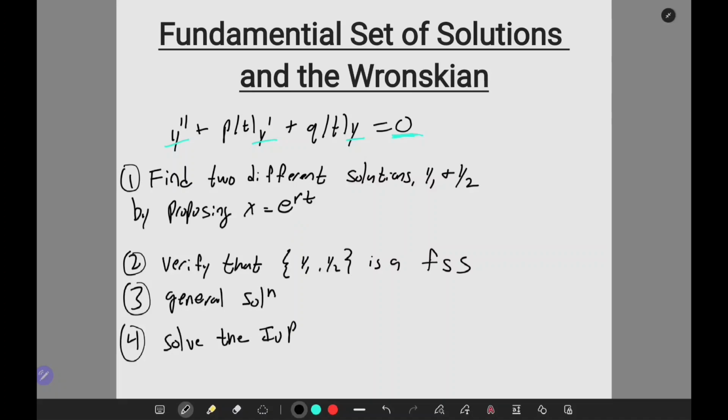But then for step 2, we're going to verify that y1 and y2 are a fundamental set of solutions by taking the Wronskian. Step 3, we're going to write down a general solution. And then step 4, we're going to solve the IVP.